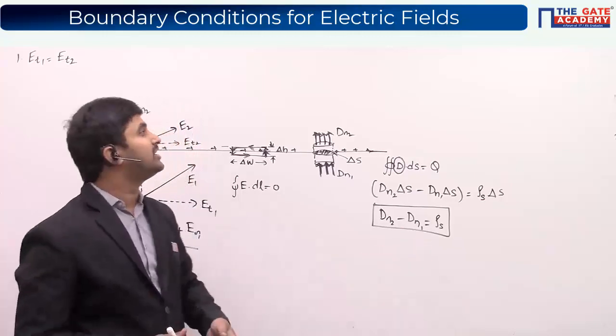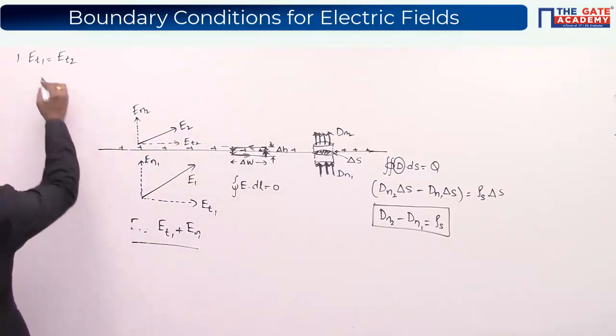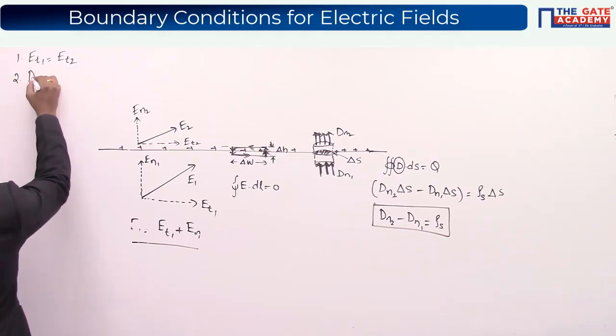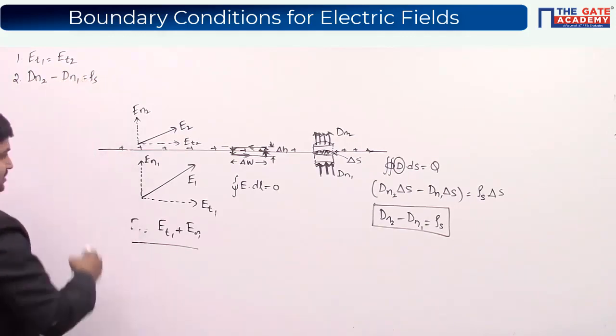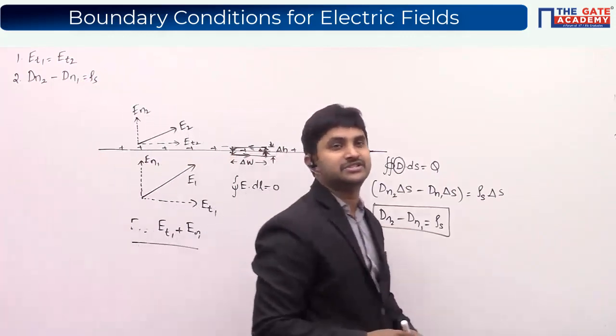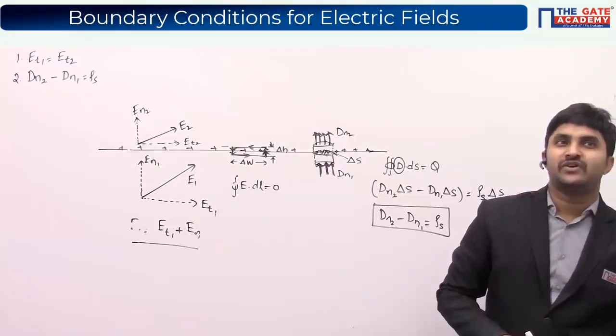So the second boundary condition that we have established is that dn2 minus dn1 is equal to rho s.